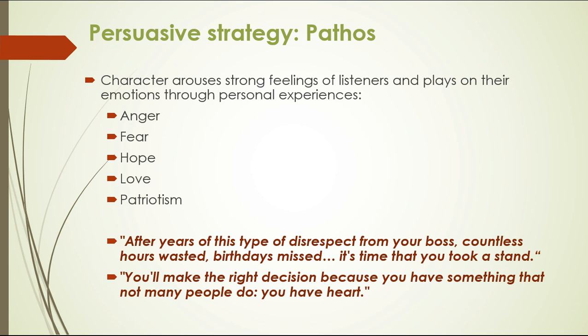So what the person is trying to do is build on your feelings of sympathy, your feelings of love or of pity towards something, like making a right decision about something in your life, because you have a heart. This means that you feel for others. So again, this is proof that the statement appeals to pathos.